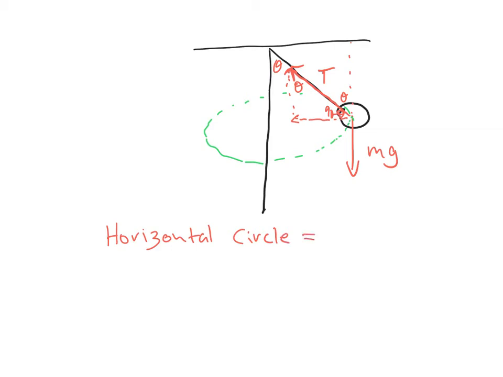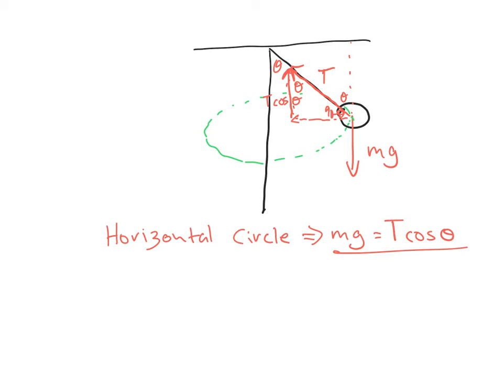That means that mg is going to equal tension cosine theta. So this component here, which is T cosine theta, is going to be equal to mg, because if it's moving in a horizontal circle, it means that its vertical force is 0 because there's no acceleration up and down.